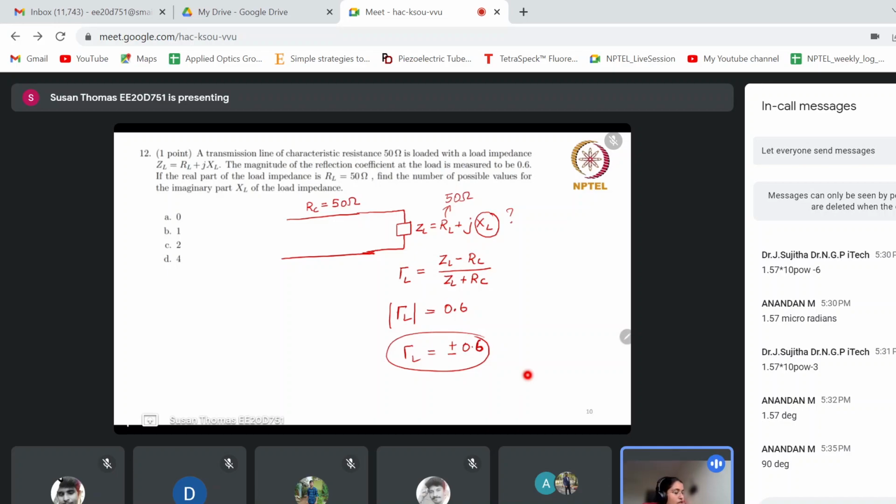So this gamma L, I need to substitute it here. If you substitute this gamma L and also knowing this RL, and we also know the RC, from that you can also calculate XL. So can you all try this question? I have given a few hints and clues.